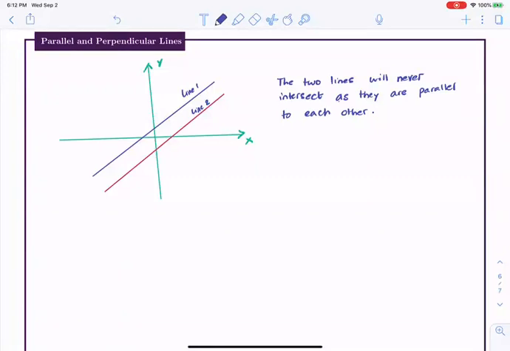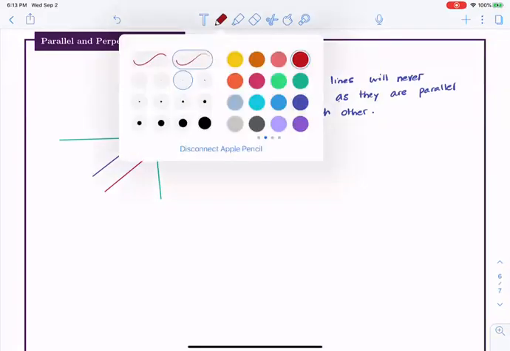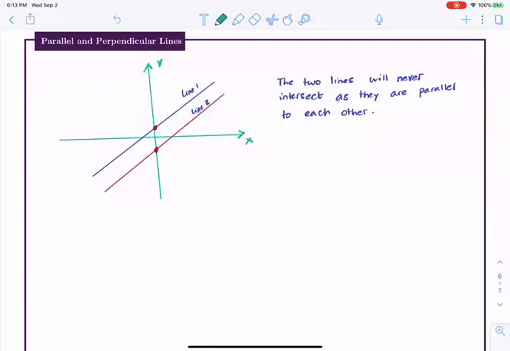They just will keep on going. The second thing to notice is the y-intercept. The y-intercept of two parallel lines has to be different. They can't be the same y-intercept. If they have the same y-intercept, then the lines cannot be parallel. So that is the next remark.